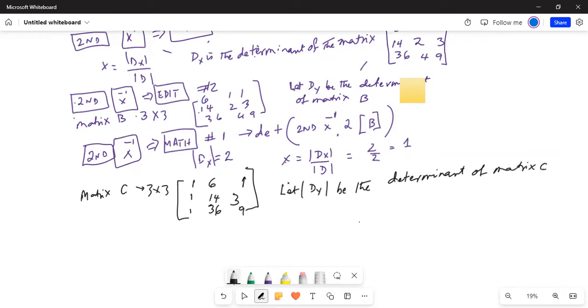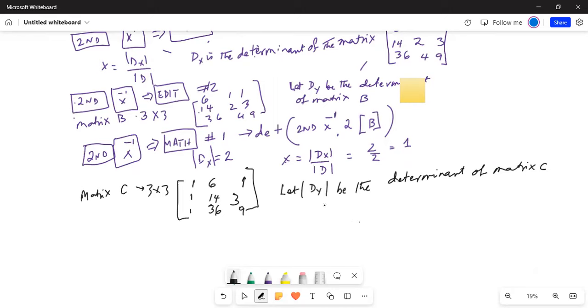Okay, so we will calculate the determinant. How do I do that? Well, you do second x inverse, sorry. Then you go to math number 1. Inside the parenthesis, we have to again press second x minus 1, then number 3, which makes determinant C, close the parenthesis and hit enter.